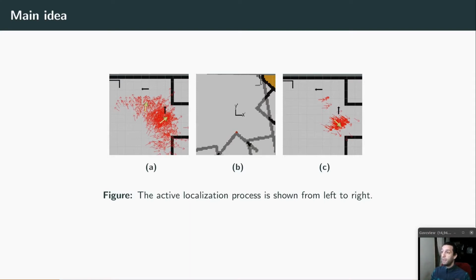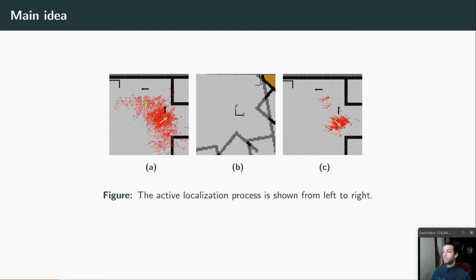And the gray ones are cells which one representative votes are free and the other votes are occupied, and those are the cells we are interested in, because we want the robot to sense these cells to gain information. So the wrong hypotheses, or the wrong particles, will disappear, and the system will keep the best localized ones.